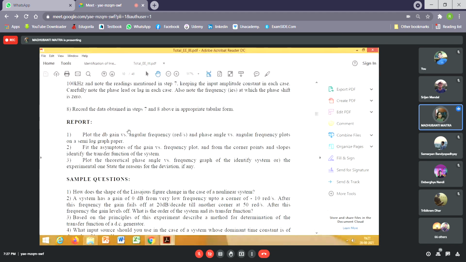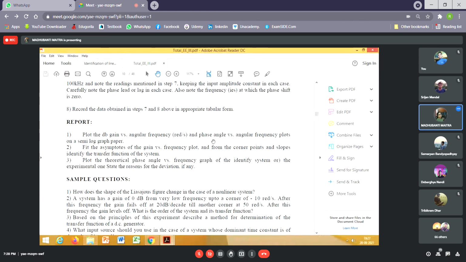Plot dB gain versus angular frequency. So this will be number 2. The first one was those Bode plots. Clear? So this will be number 2, plot the dB gain versus angular frequency in radian per second, and phase angle versus angular frequency plots on similar graph paper.